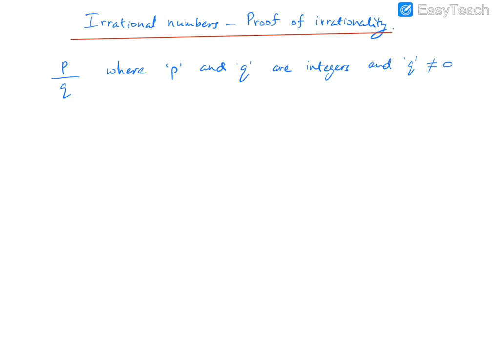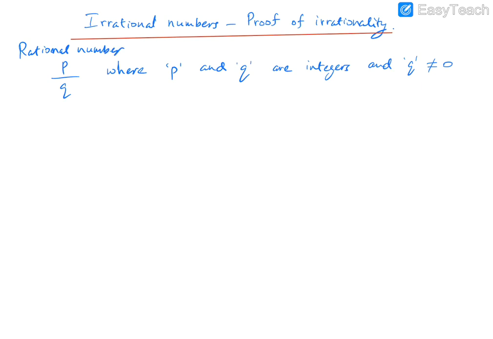So this is the definition or the condition that a rational number must satisfy. A rational number is something which can be represented as a ratio p by q, where p and q are integers and q is not equal to 0.